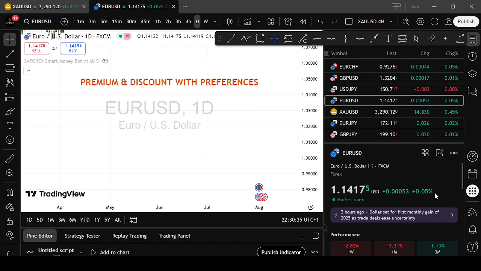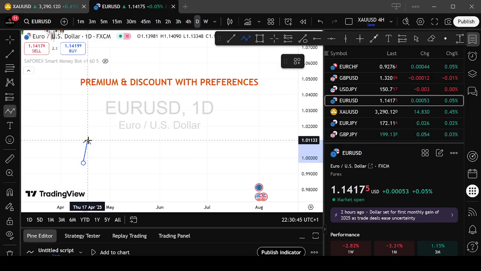I've explained this earlier, but let me re-explain it. When price is moving, taking bullish movement for instance, the movement of this price leg from where it starts to where it ends is called the impulsive leg, right?